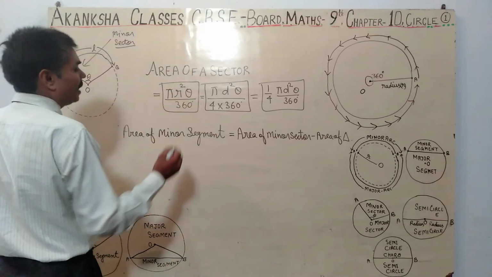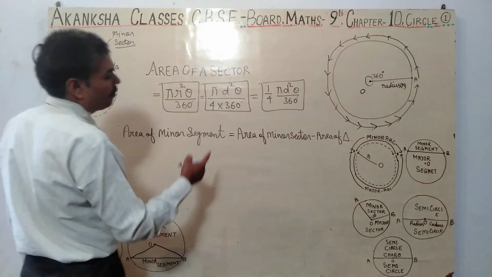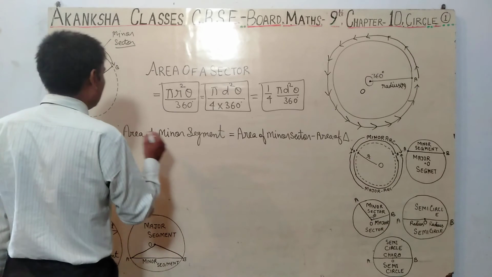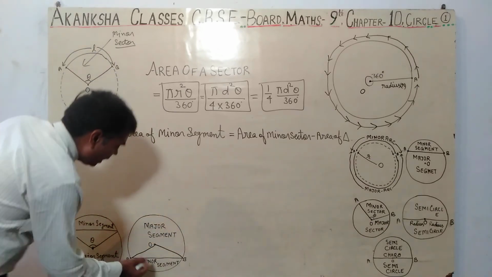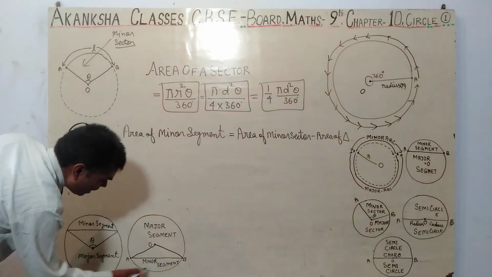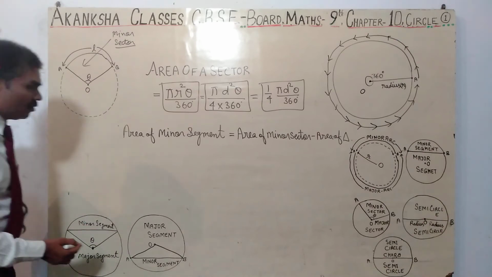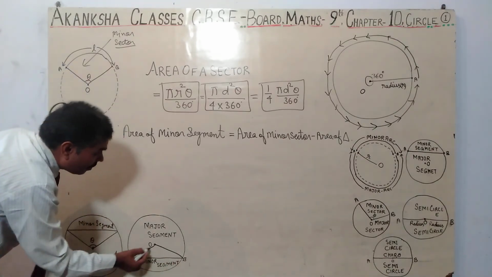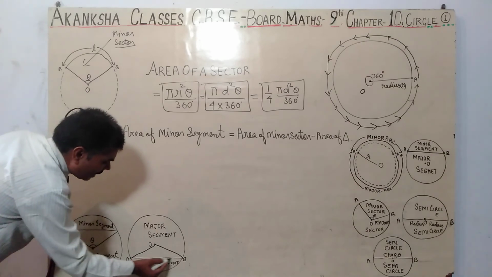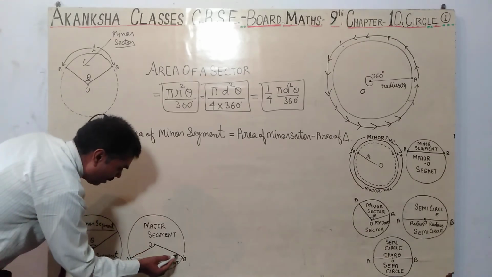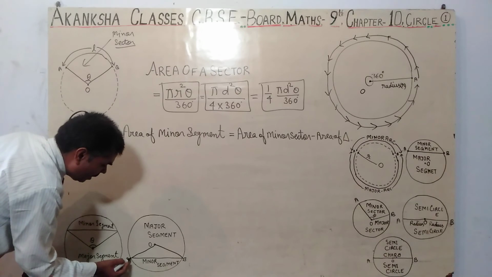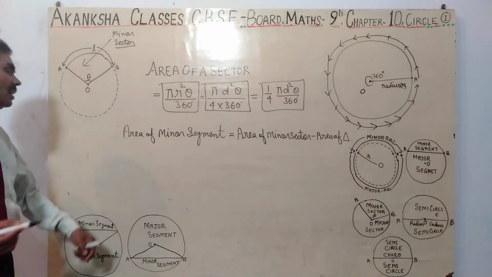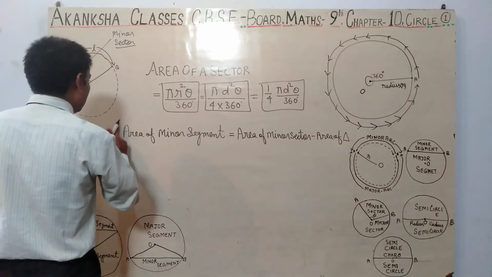Thus area of minor segment equals area of minor sector minus area of triangle. This means that the area of minor segment can be found by using the formula: area of minor sector minus area of triangle AOB.